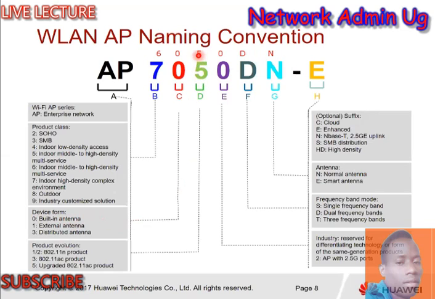And then the digit here, the 5 means the product evolution. Which technologies does it support? If it is 5, it can be upgraded up to the newest technology for the wireless standards products.